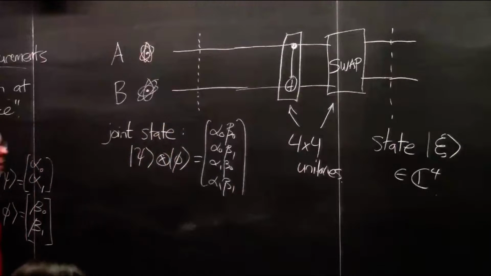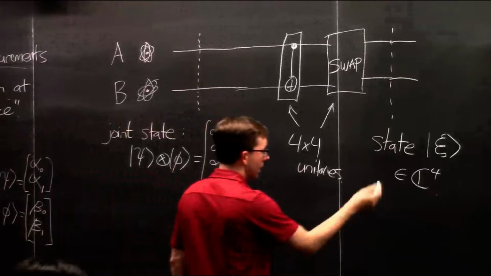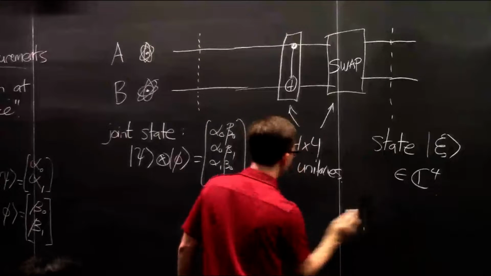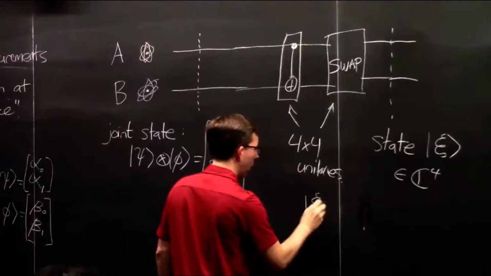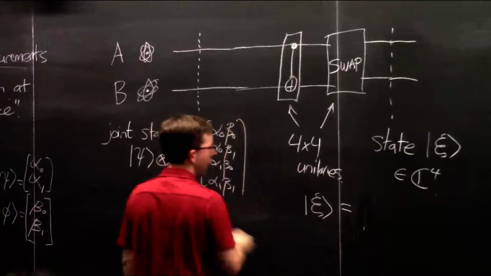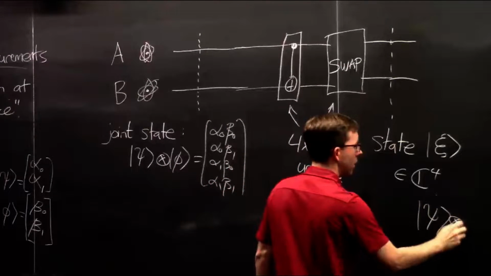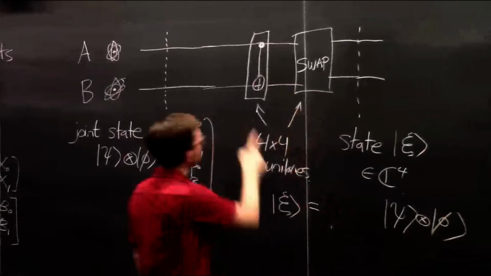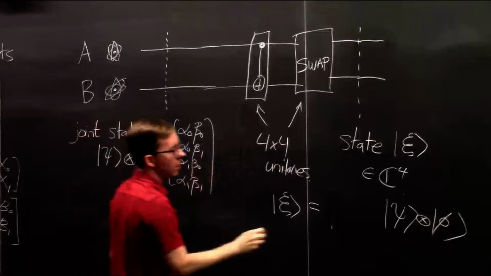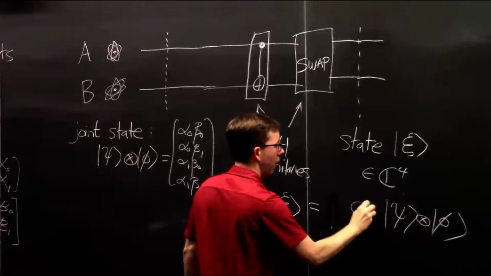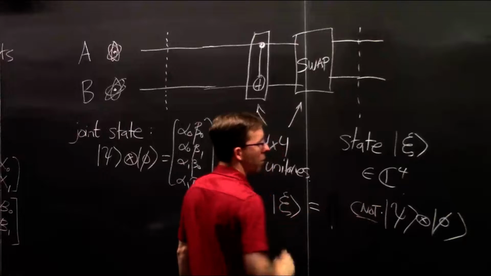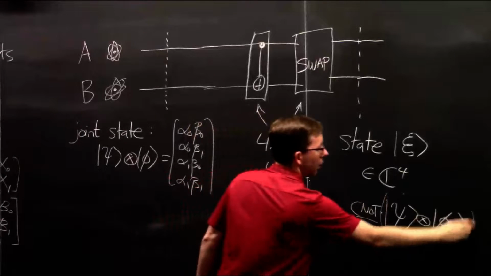And by the way, just as a reminder, what is xi? Well, you get it by starting with this state, psi tensored with phi. And then the first thing you do in this picture is apply C0. So this is a 4x4 matrix, and this is a length 4 vector.